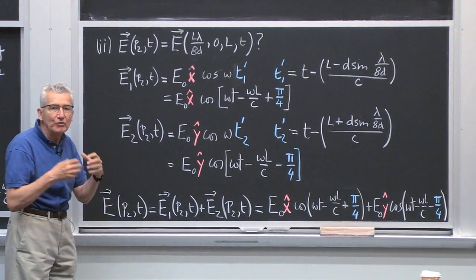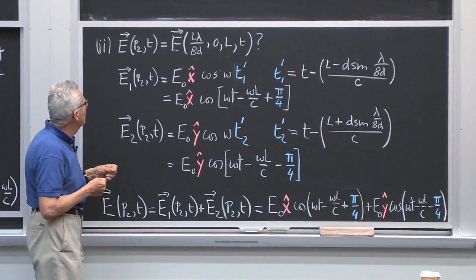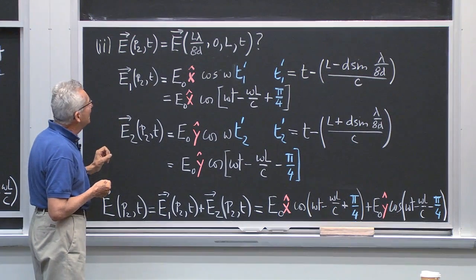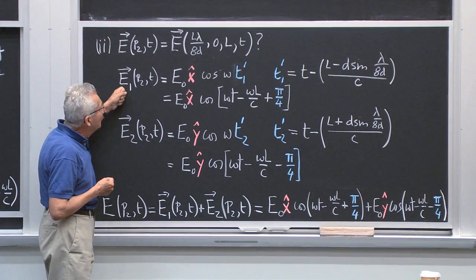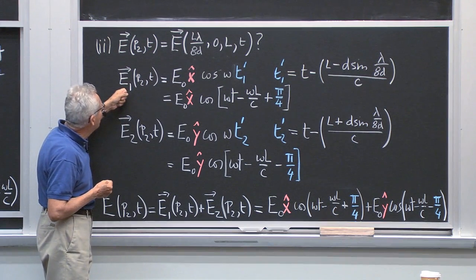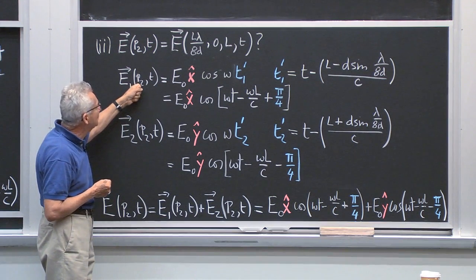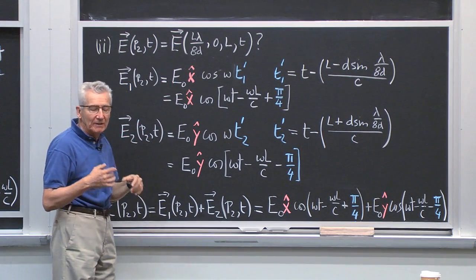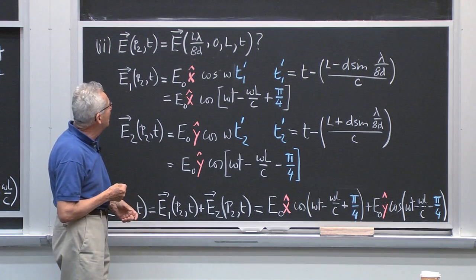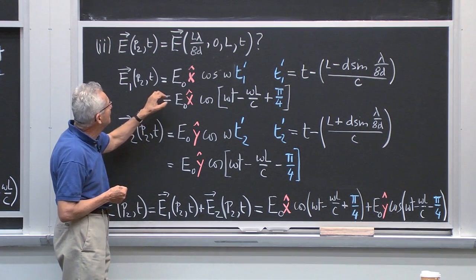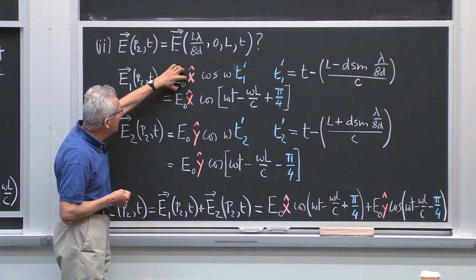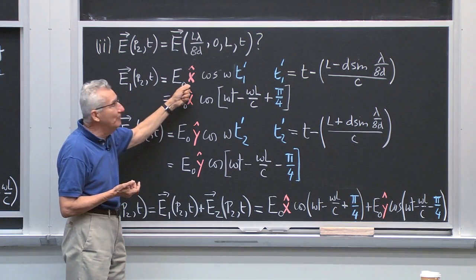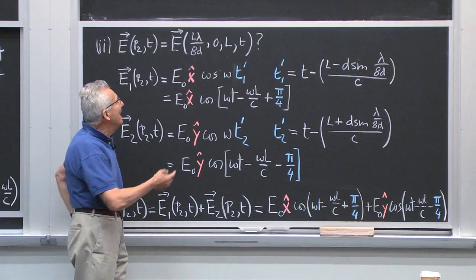So I don't have to rewrite all those q's and omegas, etc. By analogy with what we've done, the electric field due to the first charge at position P2 will have the same amplitude that we got in the previous case at P1. So E0 is the amplitude. It's pointing in the x direction as before, okay?